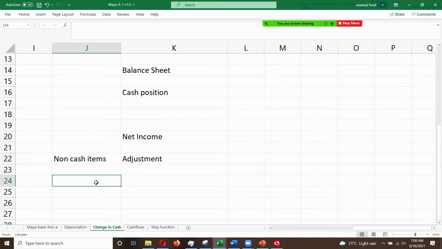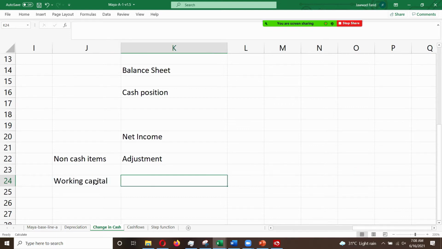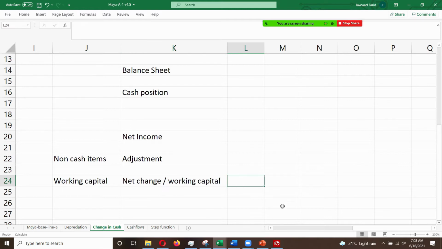The first item, item number 1, is essentially changes in working capital. So we calculate the net impact in working capital, and the net impact gives us a sense whether working capital is going to be a source of cash or a use of cash.